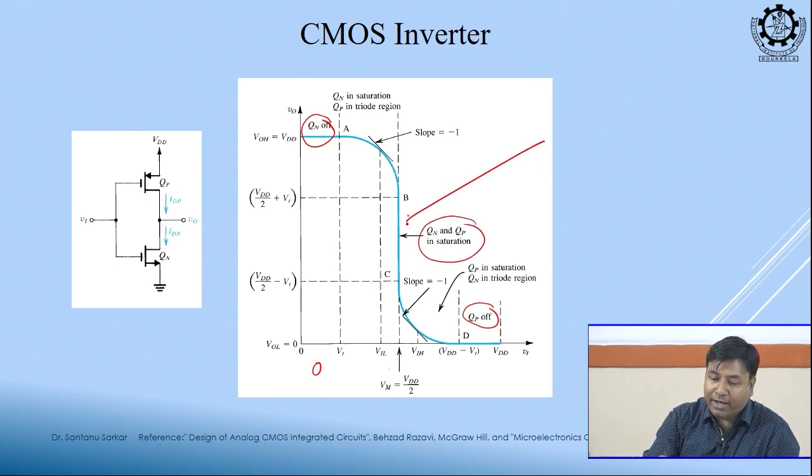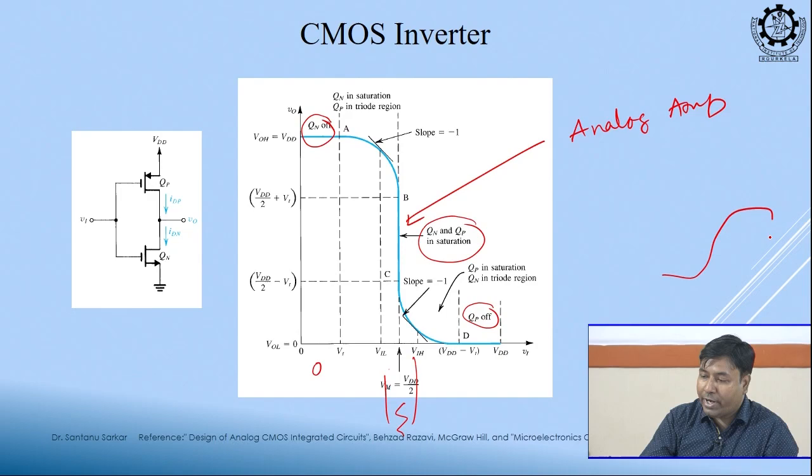That is where I am using them as an analog amplifier, although my range is very narrow, it is very steep, na. So, it is better to use as a digital logic, it is not suitable for analog, because your input is so small, even if input is a little bit more, it will go and clamp.